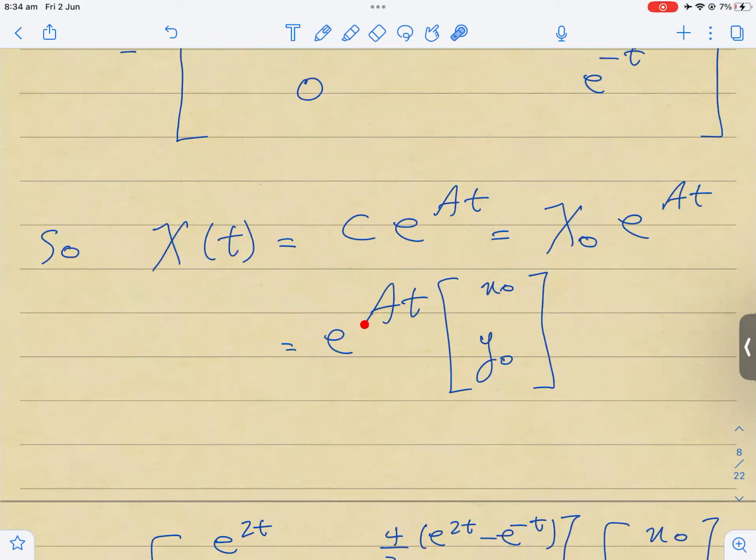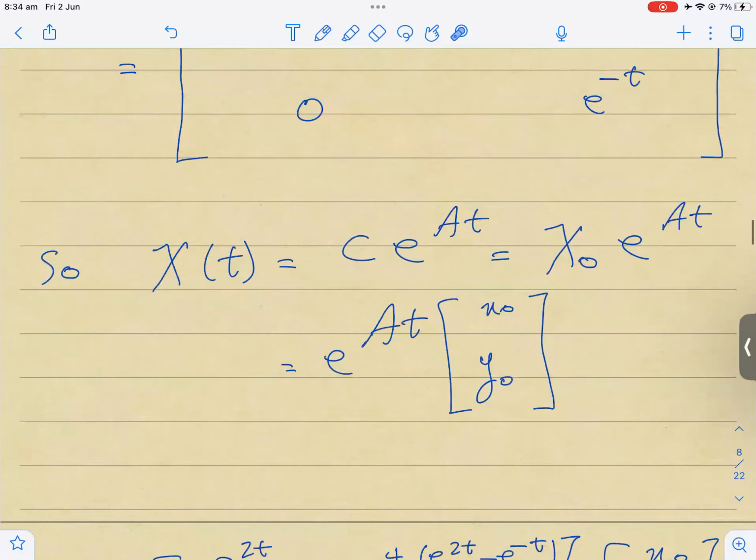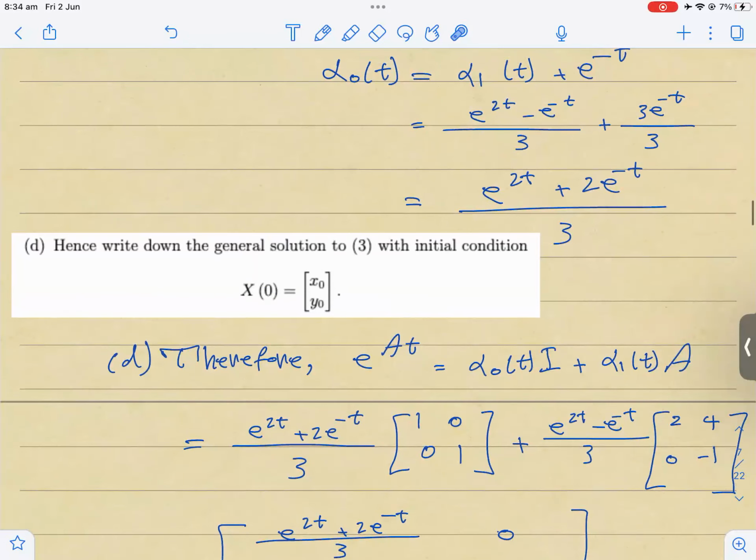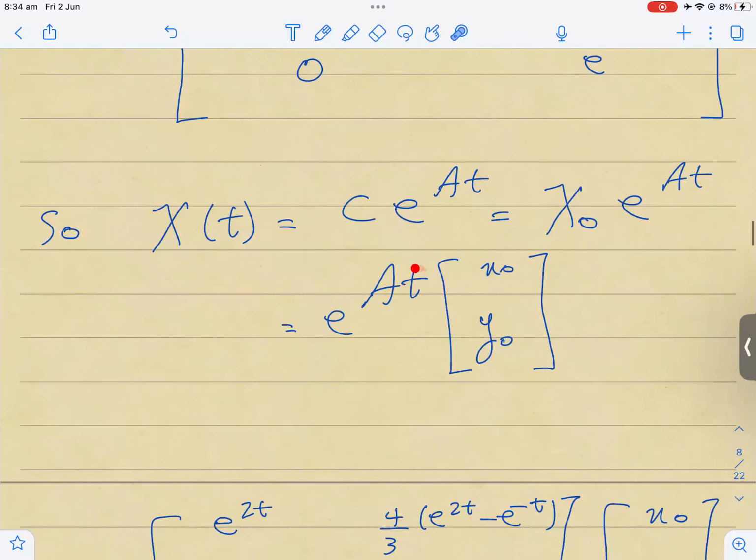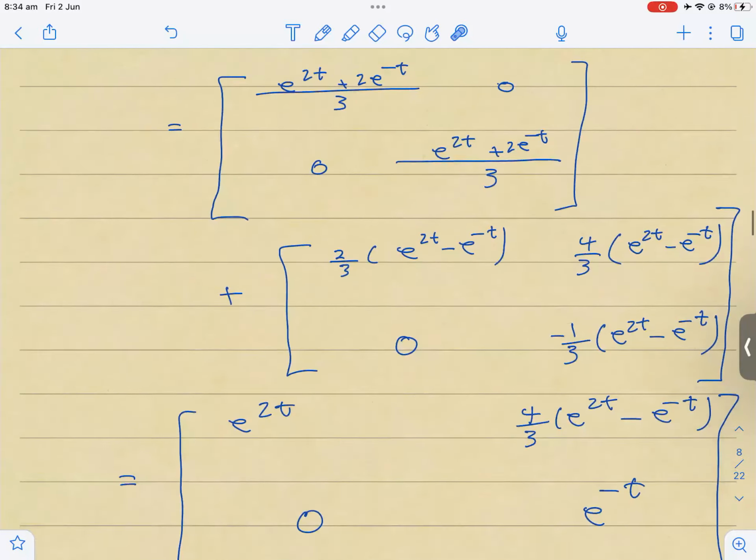e to the At times a constant, and we can obtain the constant. If t equals 0, this will be 1, so x of 0 is this, which is really the constant.